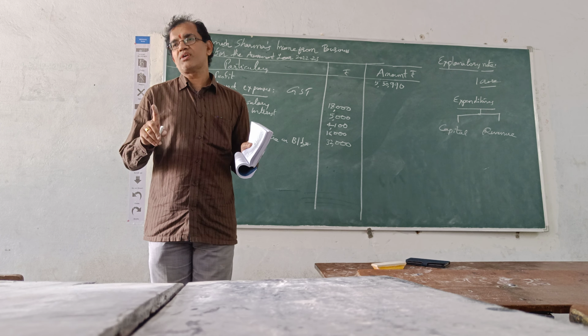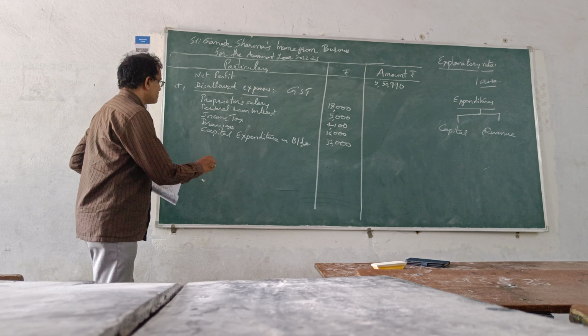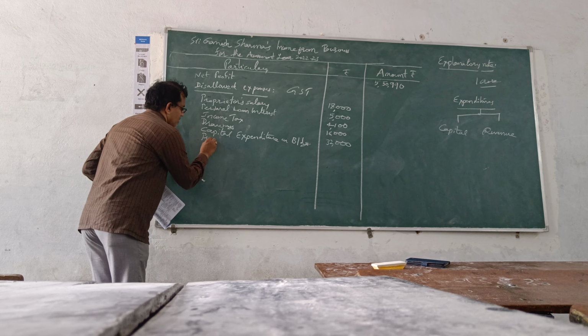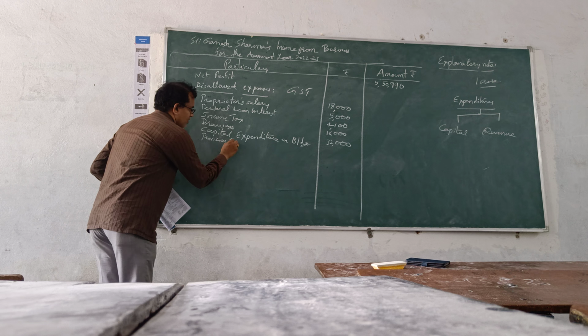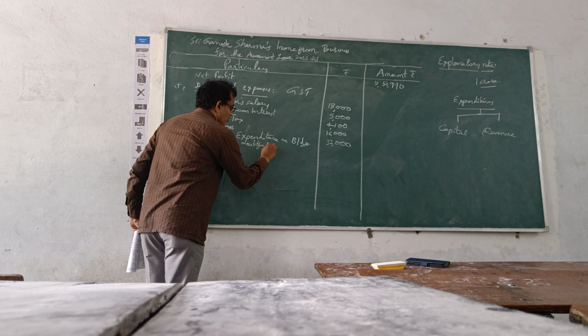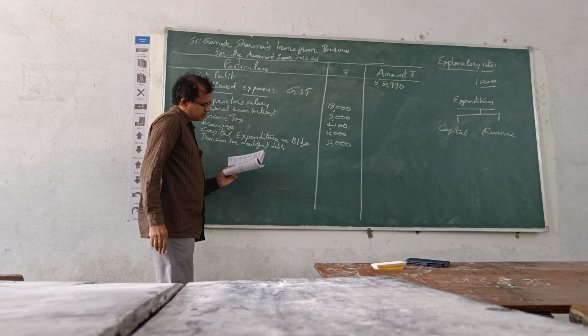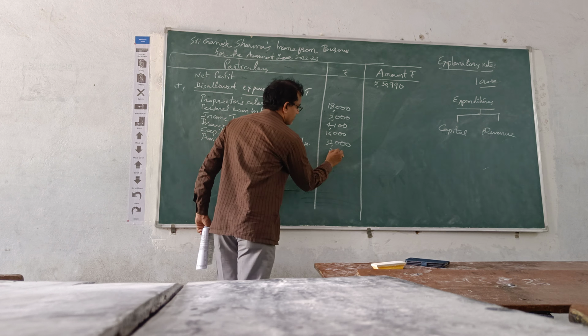Only one provision is allowed, that is warranties. Okay? So this doubtful debts provision is not allowed. Provision for doubtful debts. What is the amount? 2,008.